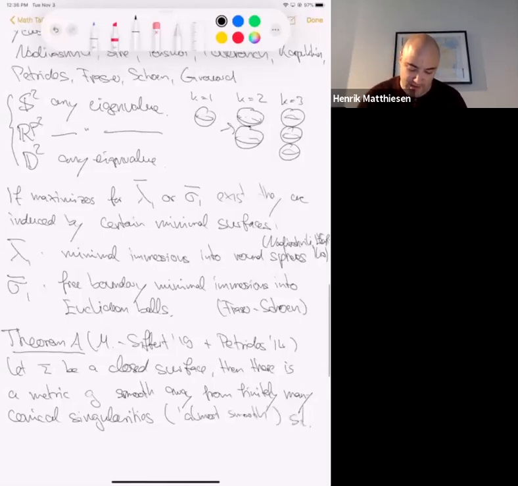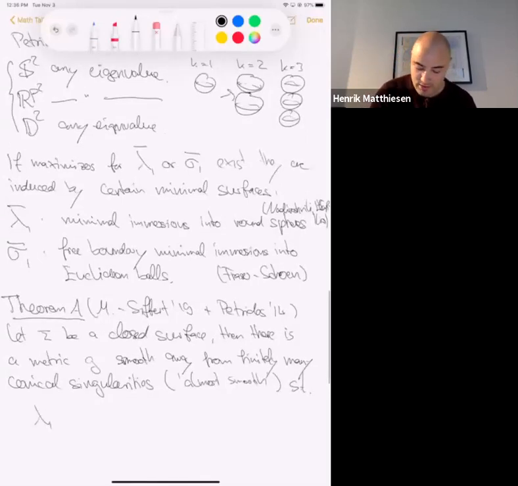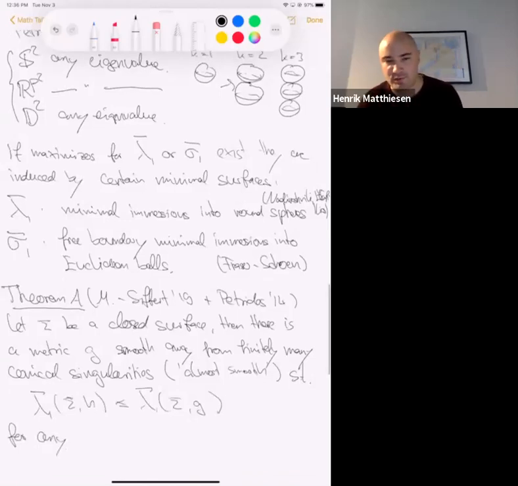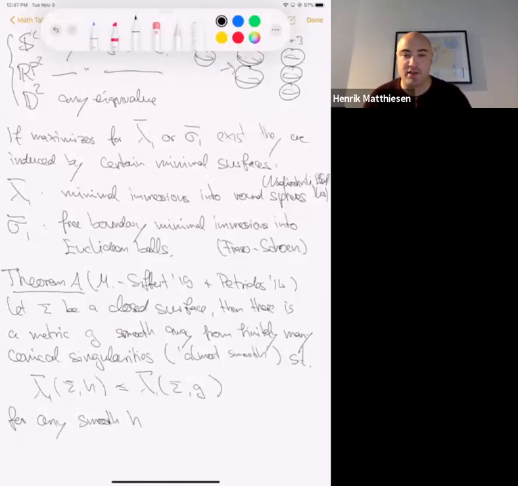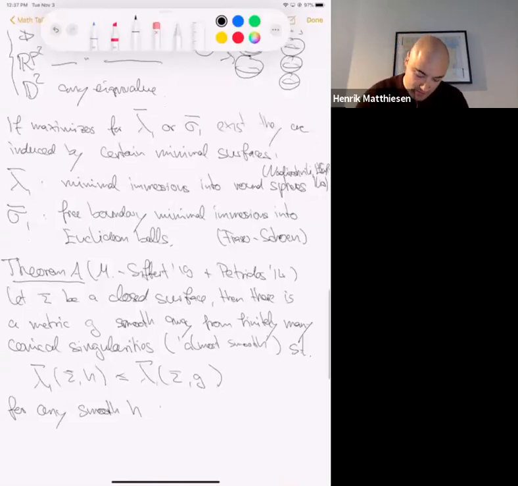Such that this maximizes, such that lambda 1 bar, if I take any competitor h, is at most lambda 1 bar of g, for any h being almost smooth or smooth. That doesn't make too much of a difference. So then in particular, they are induced by these minimal immersions, potentially branched, into spheres.